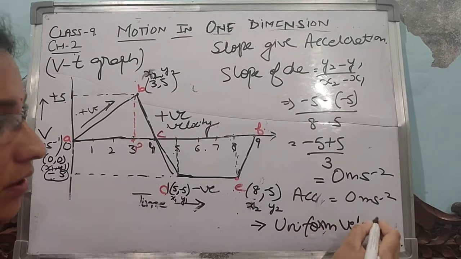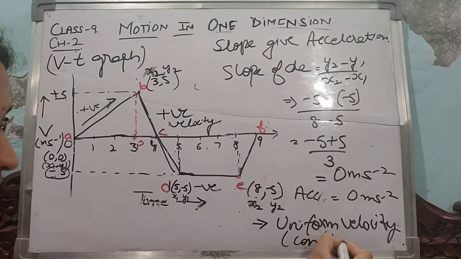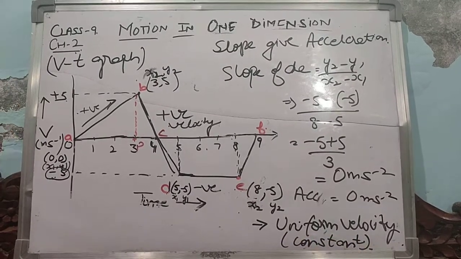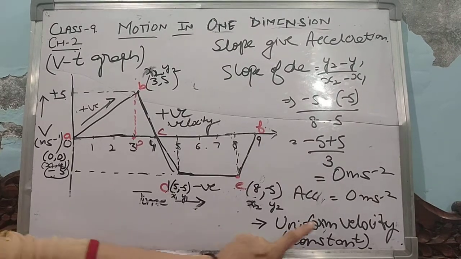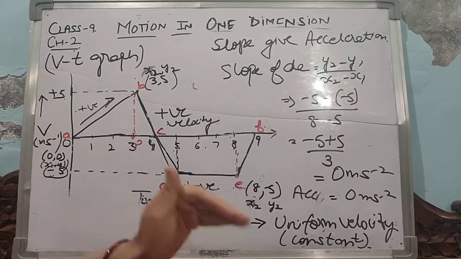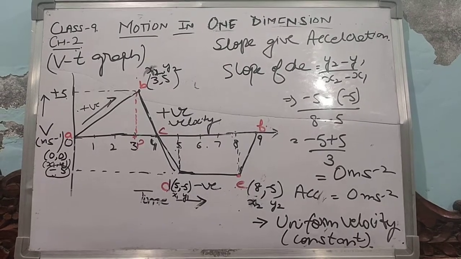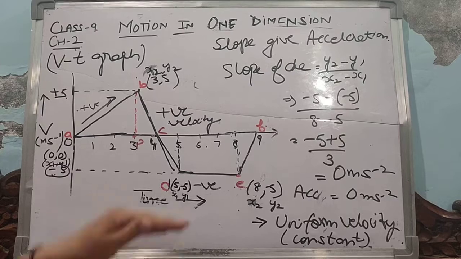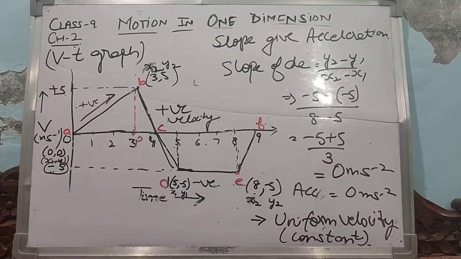What do you mean by uniform velocity? It means the velocity is constant. I have told you in previous lectures that uniform velocity means that a body is moving with the same displacement occurring in equal intervals of time.